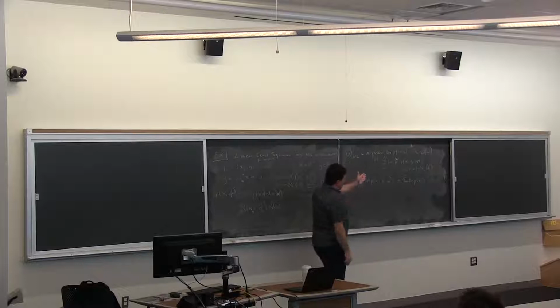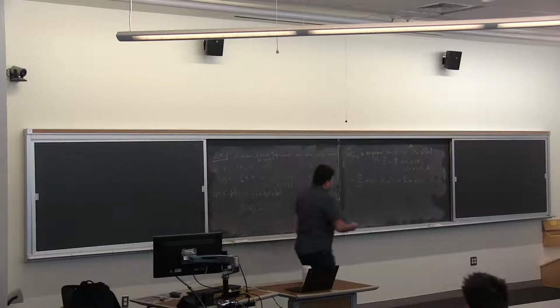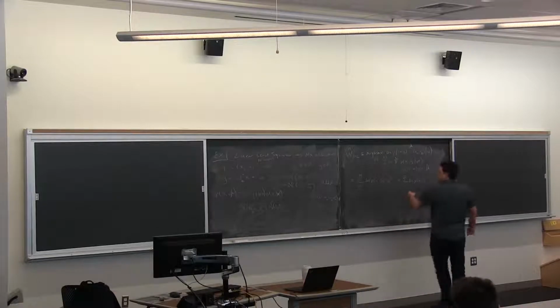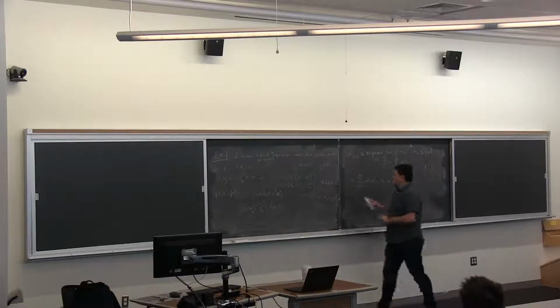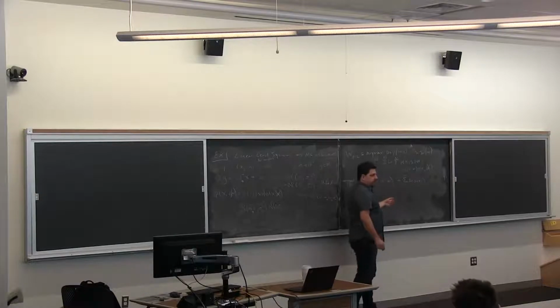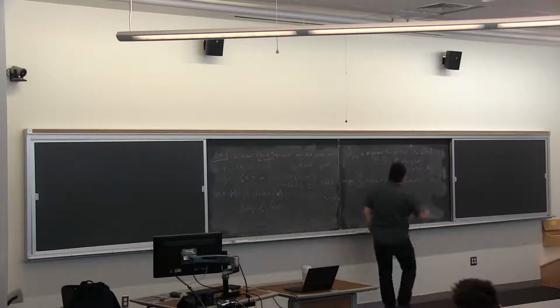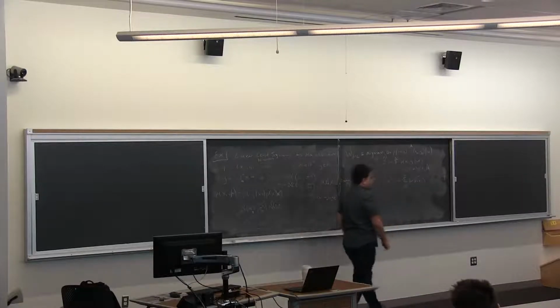Since xi given w simplified to the likelihood of xi without any dependence on w, when I maximize this expression with respect to w, this second term does not depend on w, so I can just drop it. It's an additive constant, so you can drop it.